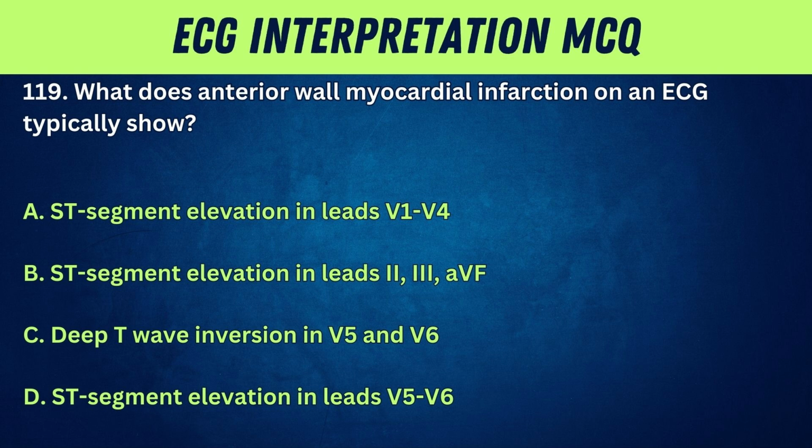119. What does anterior wall myocardial infarction on an ECG typically show? A. ST segment elevation in leads V1-V4. B. ST segment elevation in leads II, III, aVF. C. Deep T-wave inversion in V5 and V6. D. ST segment elevation in leads V5, V6.